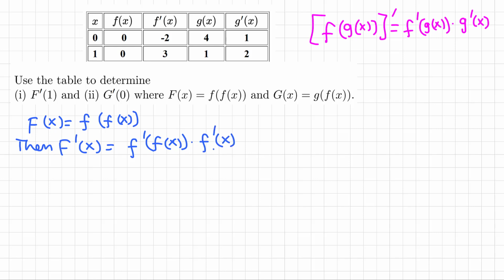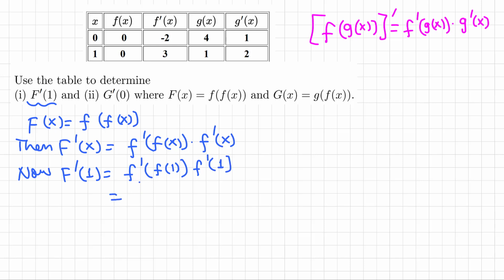These are unspecified, so we just leave this. Now using the table, we should be able to figure out the value of F prime 1. So F prime 1 means we are replacing x throughout by 1, so f prime of f of 1, times f prime of 1.